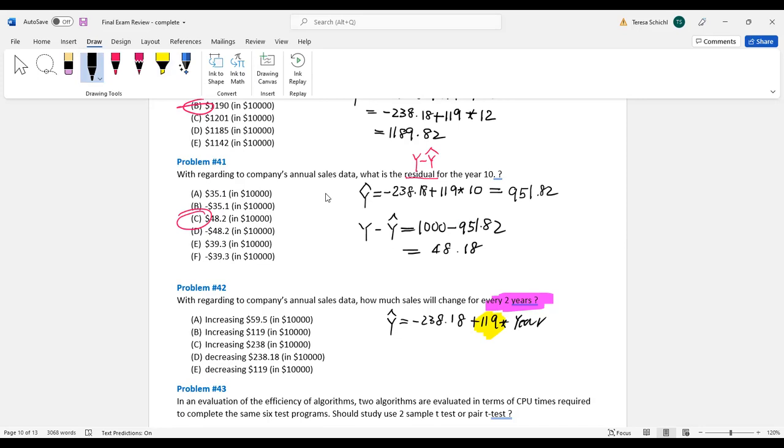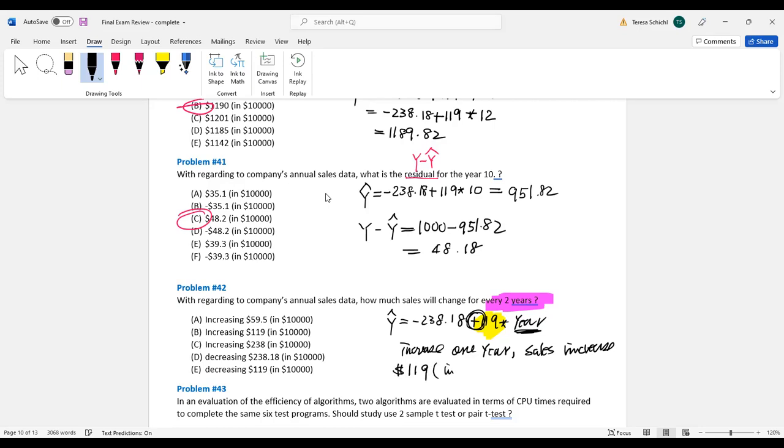That means whenever you increase 1 unit, so this unit is year, right? So whenever you increase 1 year, your sales are going to increase. The reason why it's an increase is because this is a positive 119, in the tens of thousands, right?